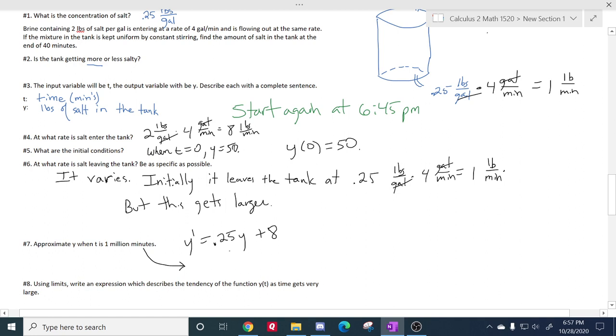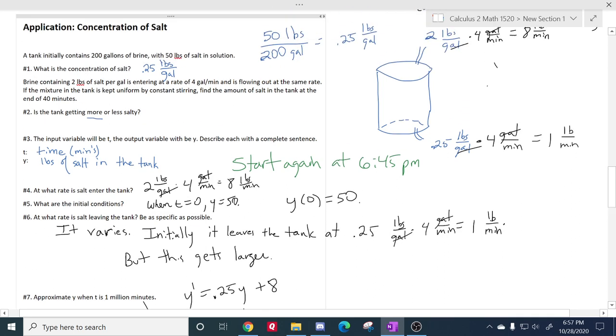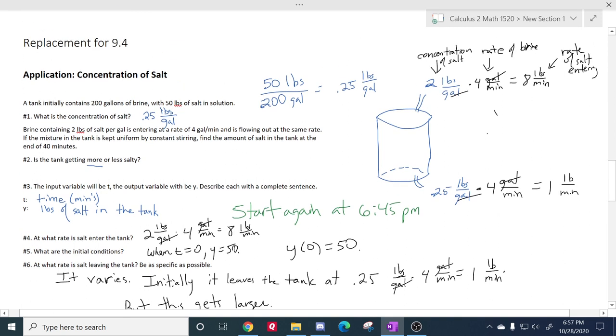Okay, so there's 200 gallons in the whole tank. And the water coming in is 2 pounds per gallon. The water coming out is 0.25, 1/4 of a pound per gallon. Given enough time, that initial concentration won't matter. It's all going to become 2 pounds per gallon eventually.